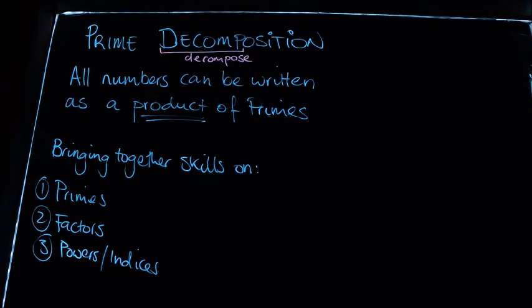We mean that any number can be broken down into prime factors. And all numbers, this is what I want you to hang on to, can be written as a product of prime factors. So when you see this word products, we think about the times sign, and we're going to write all this with the times sign between it.